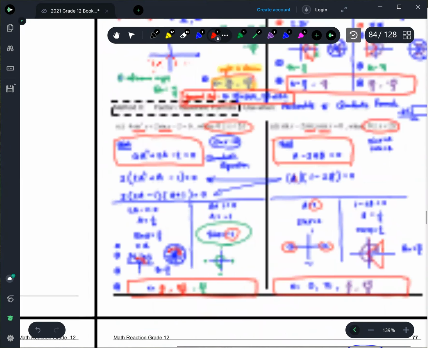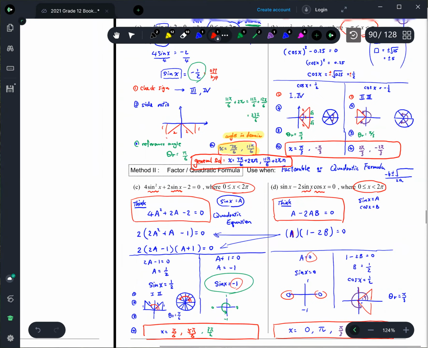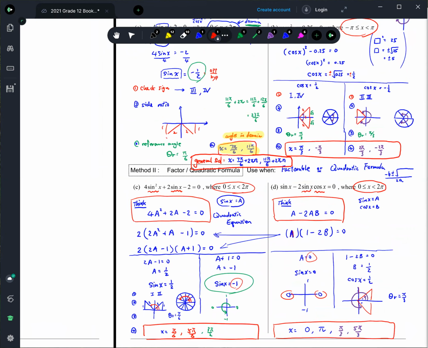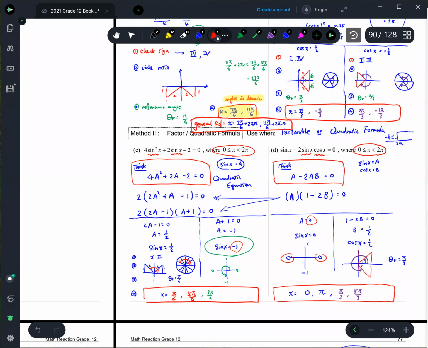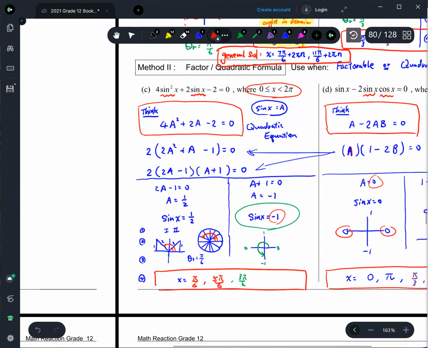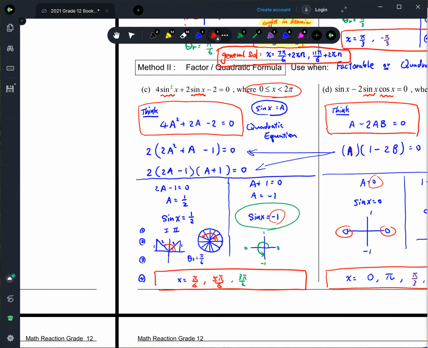So for example, let's look at the bottom one, Question C. The one you see in the box is called angles in domain.